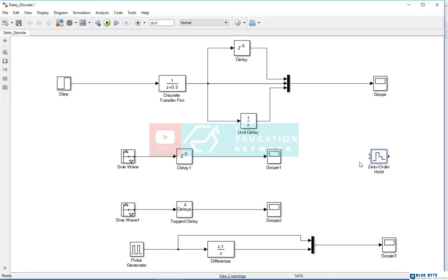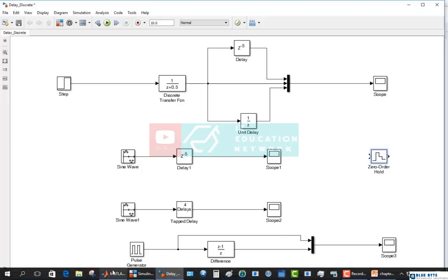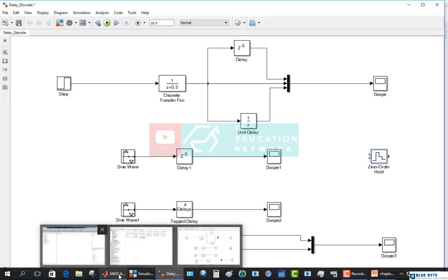Now, I should show it in an example. Let me add a signal generator for this system.